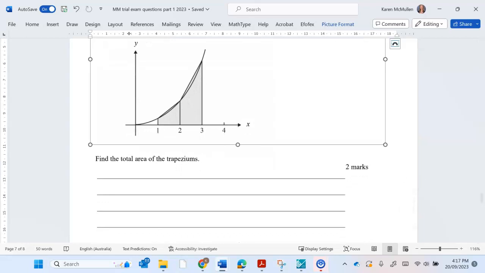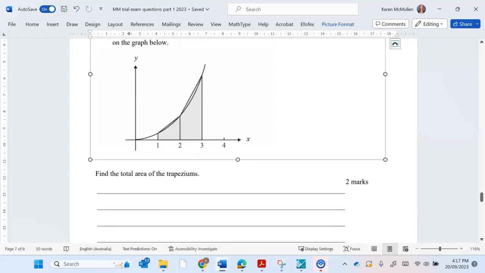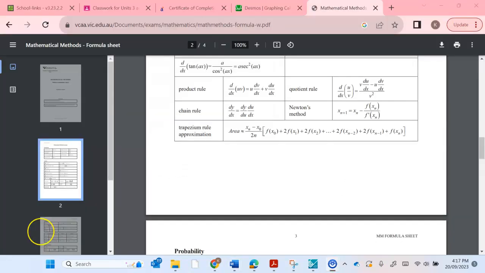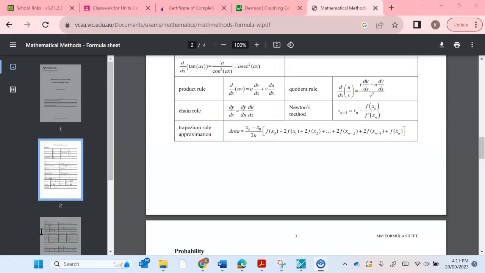So the area formula is on your formula sheet. Just have to quickly find it. So here it is, trapezium rule approximation. That would be useful in an exam 2 type question. I feel like I've seen it as a multiple choice question.